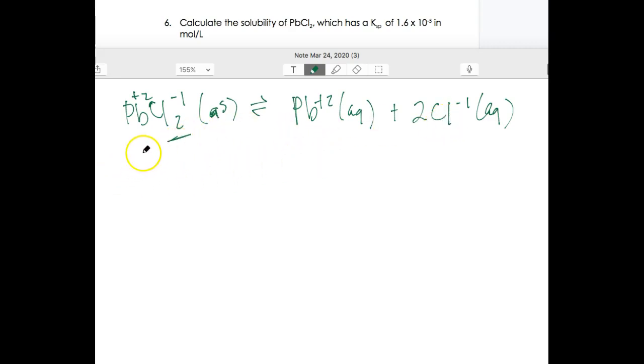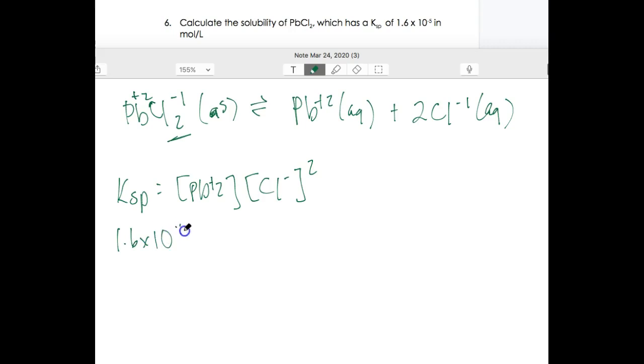And now we can write our expression. And chloride is going to be to the second power because that's the rule. We know what KSP is. It's 1.6 times 10 to the negative 5. And we don't know what these are, so we're going to set them as x.